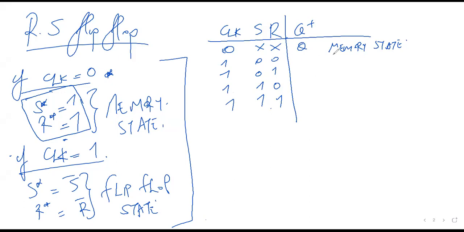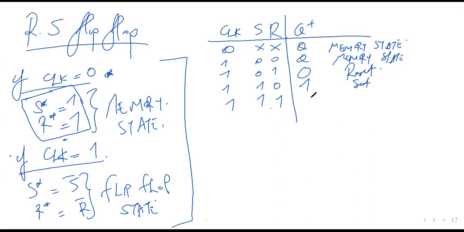So for 0, 0, we have another memory state. For 0, 1, this is the reset state. For 1, 0, this is the set state.